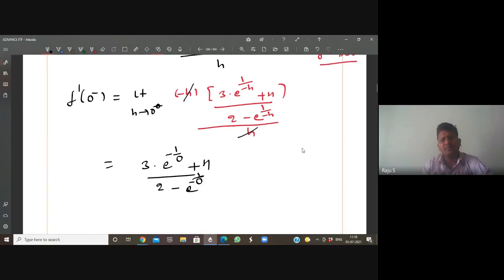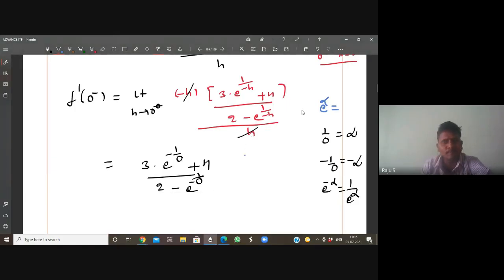What is 1 by 0, students? 1 by 0 value is infinity. Minus 1 by 0 is minus infinity. So e to the power of minus 1 by 0 is e to the power of minus infinity. Can anyone say what is e to the power of infinity?